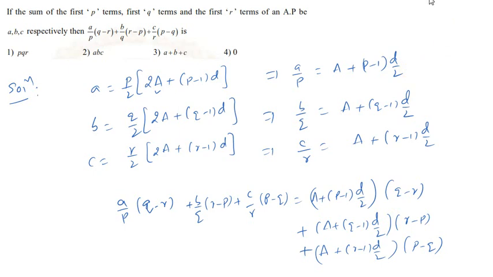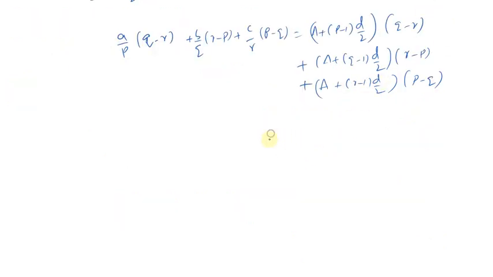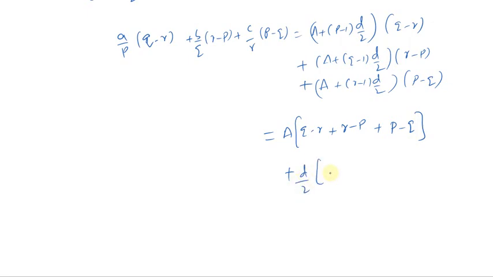Which is equal to, you can take common a: you are getting q minus r, and here a into r minus p, and here p minus q, plus this time you can take common d by 2, so this is p minus 1 into q minus r plus q minus 1 into r minus p plus r minus 1 into p minus q.